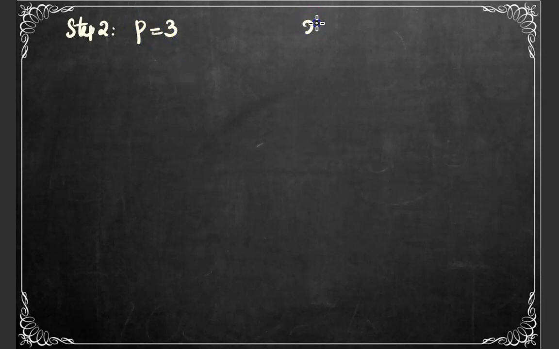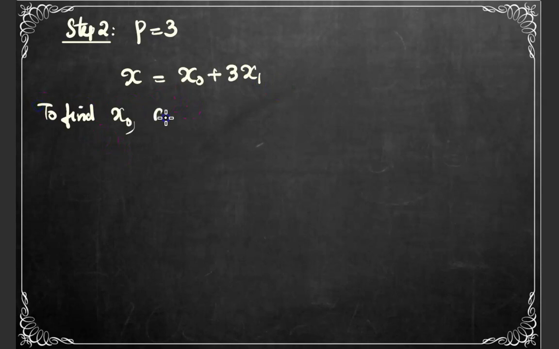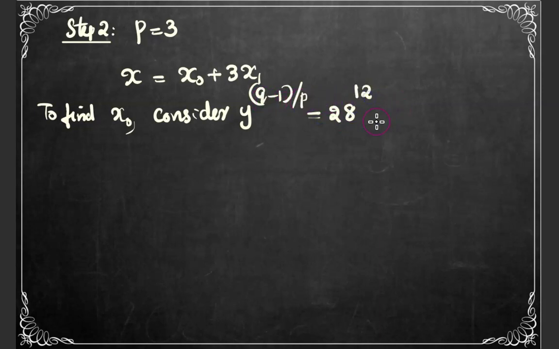Then we can evaluate an x modulo 3 square, which satisfies the required relation b raised to x equal to y. So when considered modulo 3 square, we can assume that the value of x is x0 plus 3x1. To find x0, according to the algorithm, we need to consider y raised to q minus 1 by p, and that will be 28 raised to 36 divided by 3, which is 12.